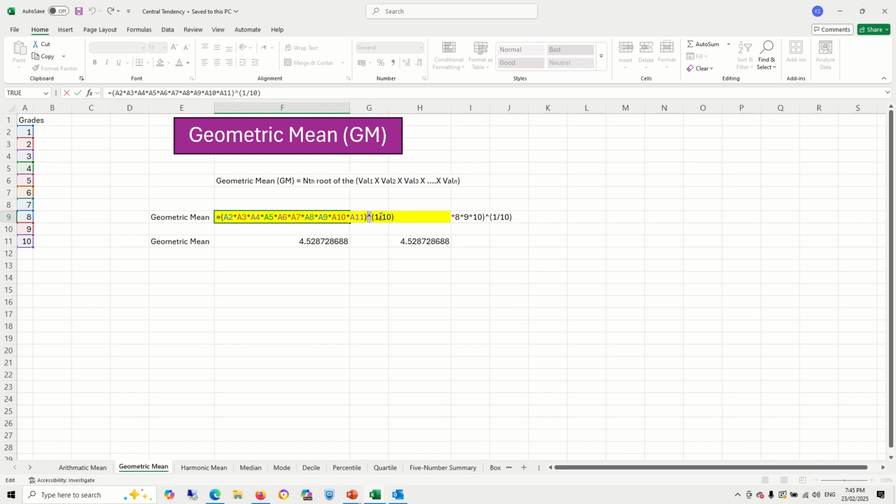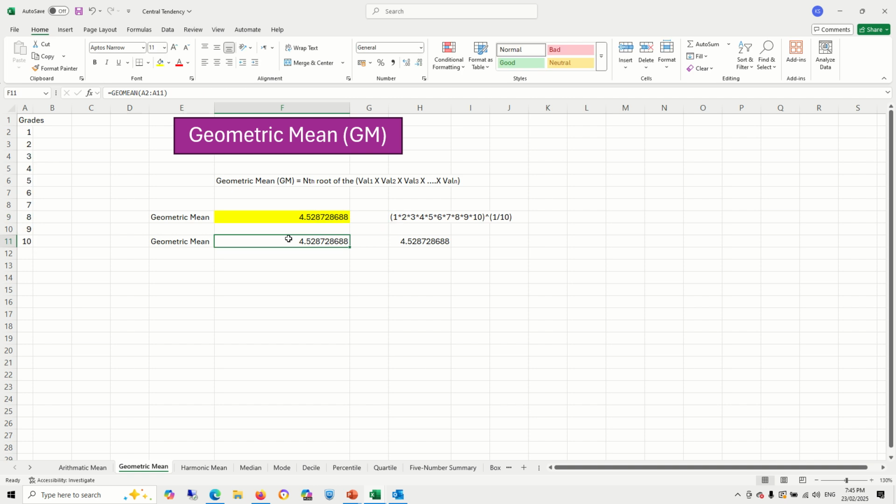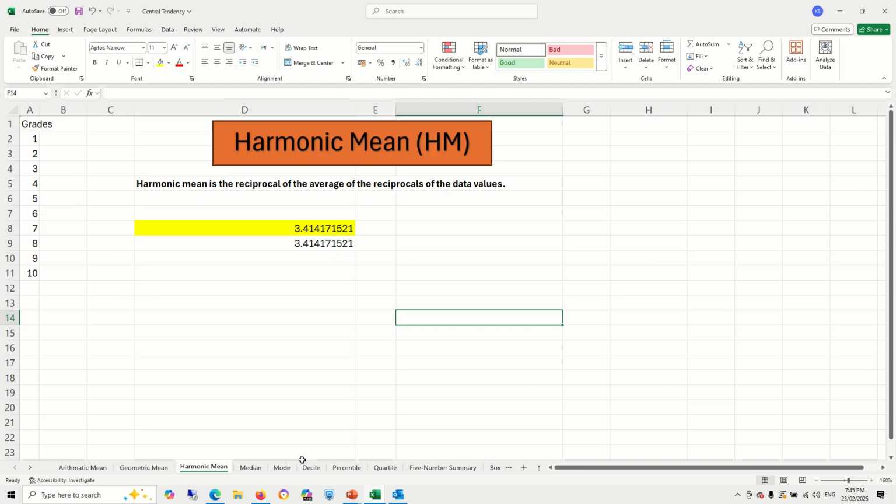It will be power of what? 1 divided by 10. That will give you this result directly. At the same time, a very simple way to get the geometric mean is to apply the Excel formula GEOMEAN, then highlight the whole range, and it will give you directly the same geometric mean.